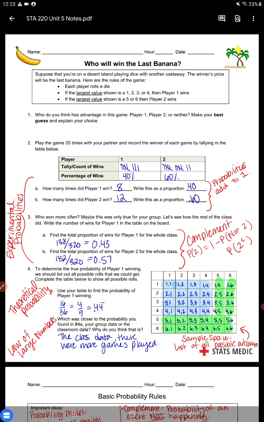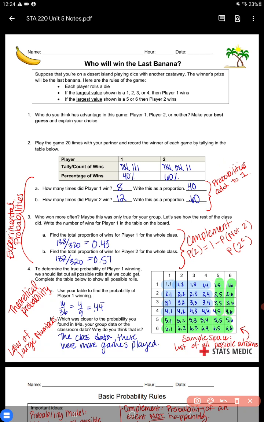Well, let's say that we played this game 20 times, and here are our results. And I actually have played this game with some students before, and these are pretty similar to what you would see. Here's what we actually find. In our game, player 1 actually only won 40% of the time, and player 2 actually won 60% of the time.